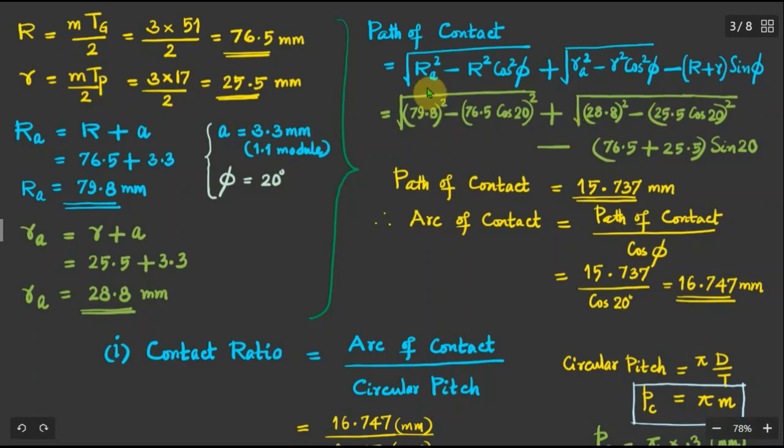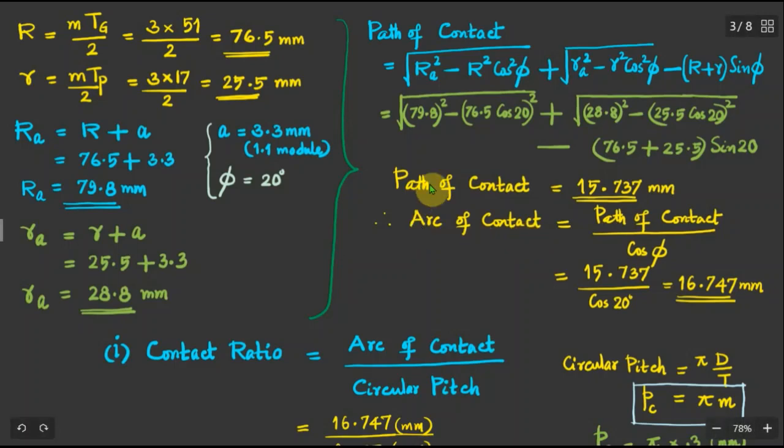So you substitute capital Ra, capital R, small ra, small r, and the pressure angle. If you substitute and do the calculations, you will get path of contact equal to 15.737 millimeters.